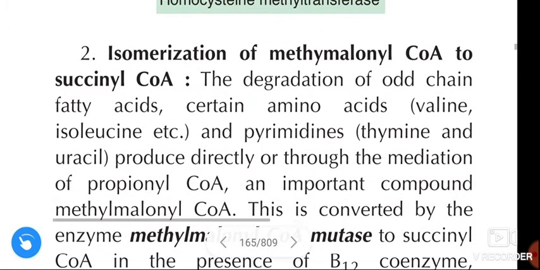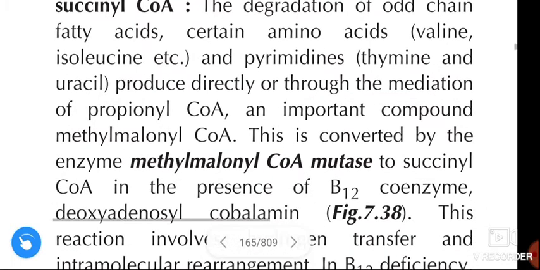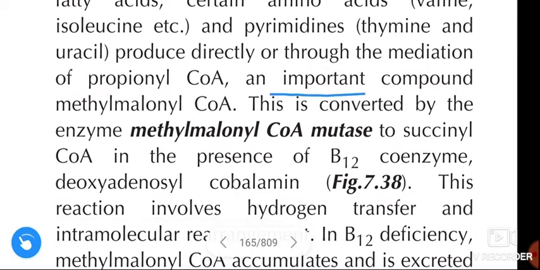And the next reaction is isomerization of methylmalonyl CoA to succinyl CoA. The degradation of odd chain fatty acids, certain amino acids like valine and isoleucine, and pyrimidines like thymine and uracil produce, directly or through propionyl-CoA, an important compound, methylmalonyl-CoA.